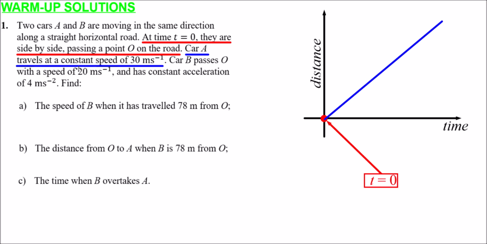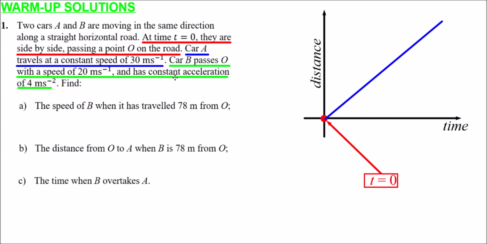Car B, however, passes O with a speed of 20 meters per second, so it starts off slower because 20 is obviously less fast than 30, but also it says it's got a constant acceleration of 4 meters per second squared. And so car B, its distance will increase slower to begin with, but then as it accelerates, it will eventually start clearing distance at a faster and faster rate.